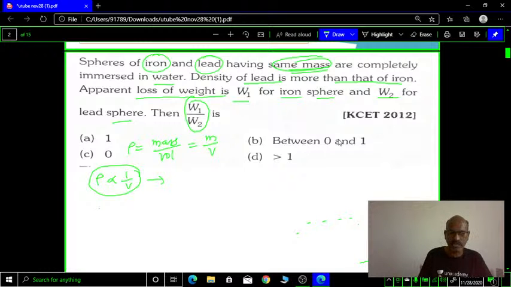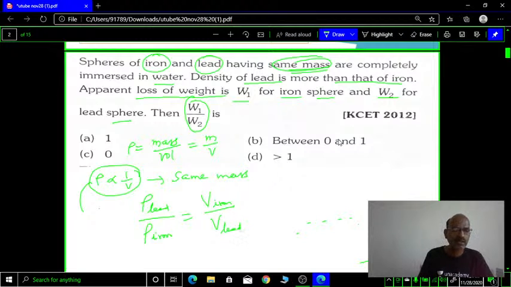So density is proportional to 1 by V. Now density of lead by density of iron, that is how the relation goes. This I am writing: density of lead by density of iron equals volume of iron by volume of lead, since volume is inversely proportional.